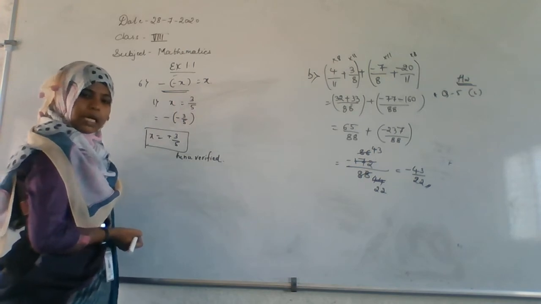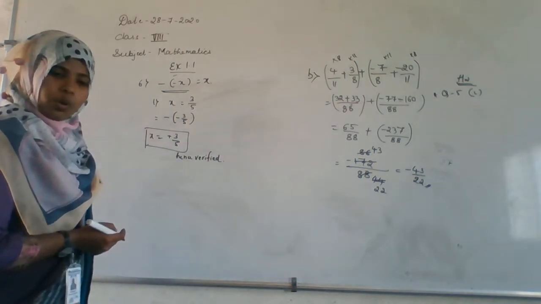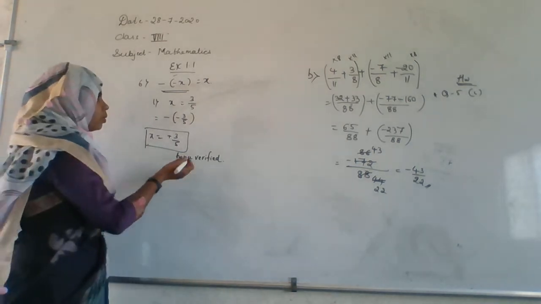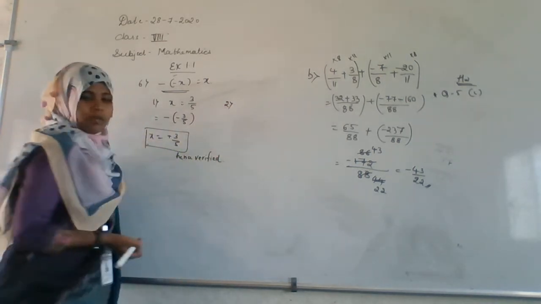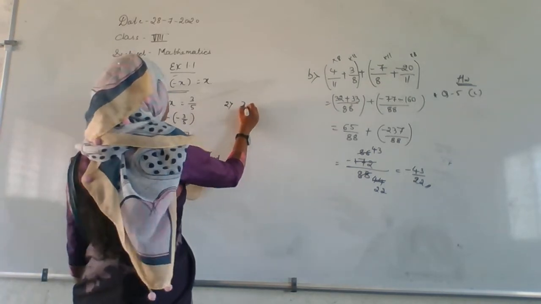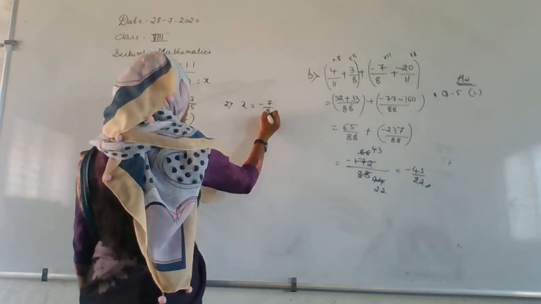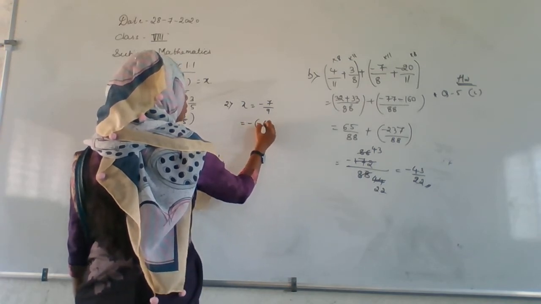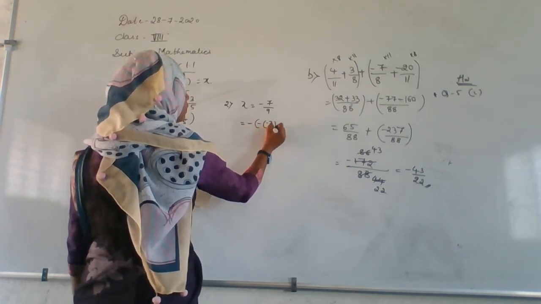The second one you can do on your own, or okay, I will solve that too, but it is a negative. x equal to minus 7 by 9 and our property is minus of minus x, and x is minus 7 divided by 9.